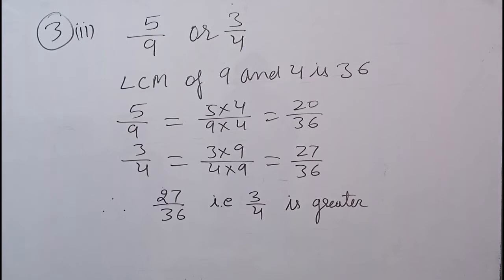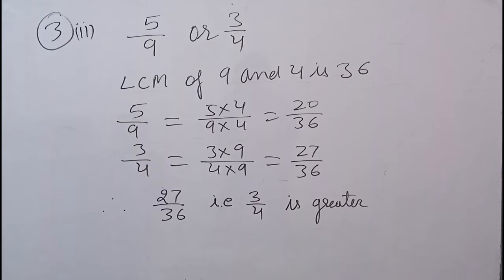So convert the denominator part into the LCM, that is 36. So first we are going to take 5 upon 9. For converting 9 to 36, we have to multiply 4 into the 9, and the same number we will multiply in the numerator, that is 5. So 4 into 5, that is 20, and 4 into 9, that is 36.